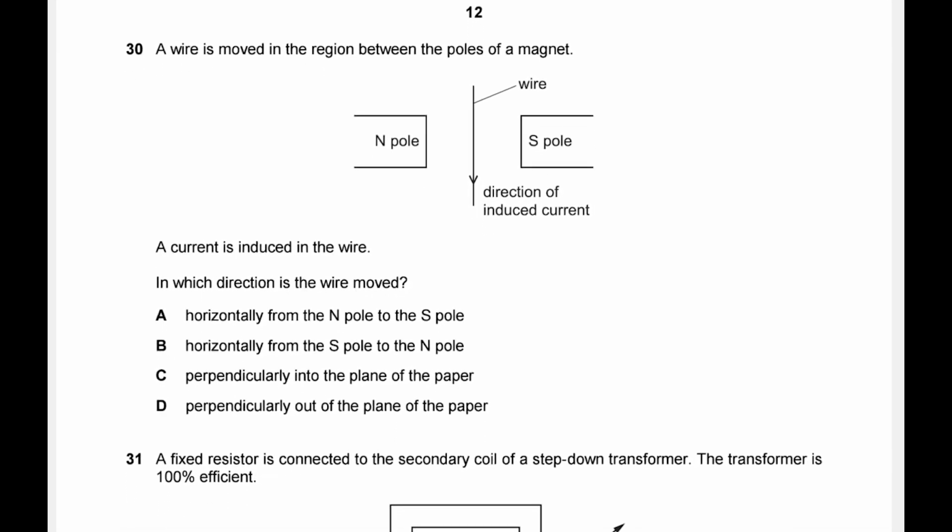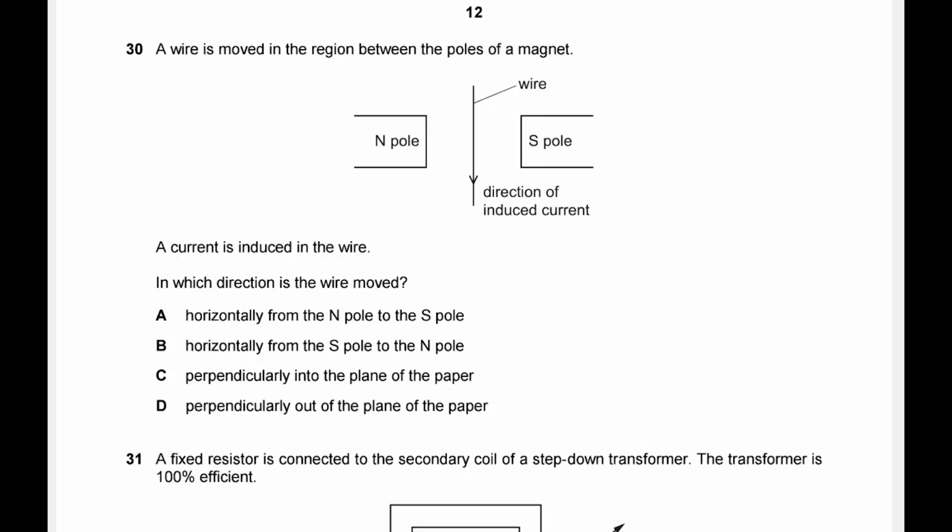Continue number 30. A wire is moved in the region between the poles of a magnet. A current is induced in the wire in the direction shown. In which direction is the wire moved? The common confusion in this kind of question is usually, do I use the left hand or the right hand?